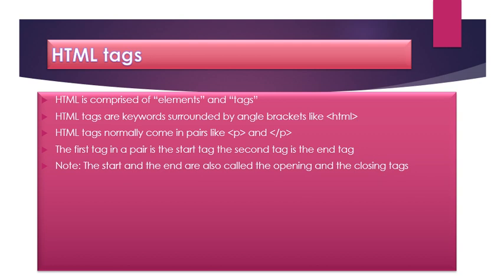An HTML tag normally comes in a pair, that is an opening and closing tag. The first tag in a pair is the start tag, and the second tag is the ending tag. Note, the start and end tags are also called opening and closing tags.